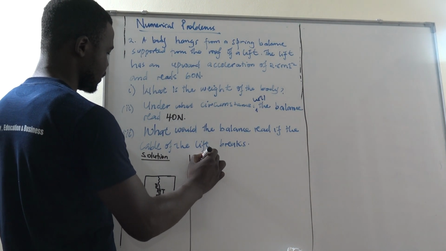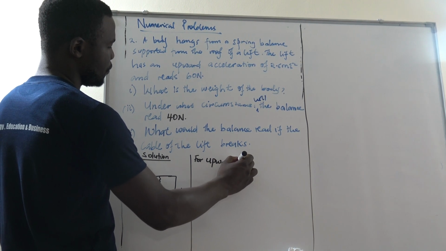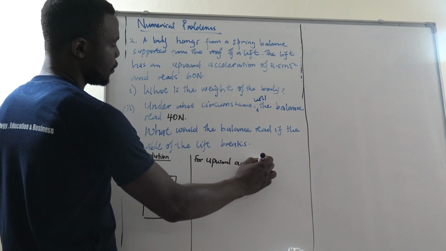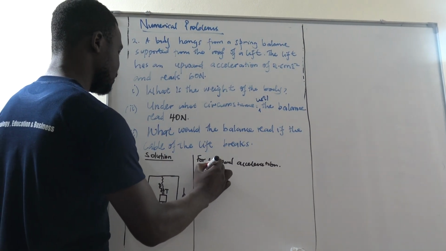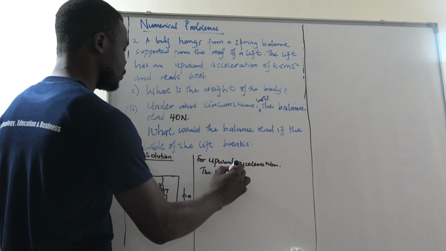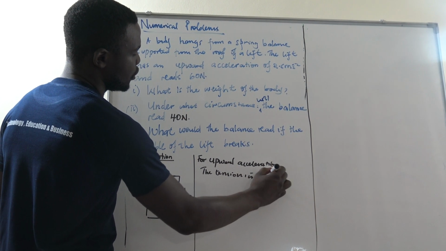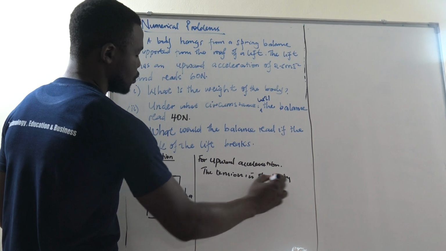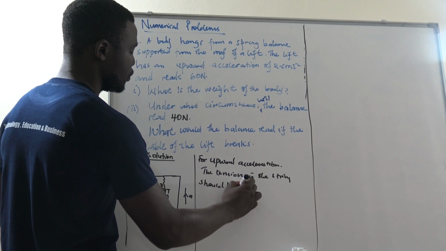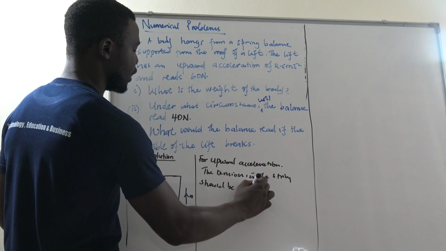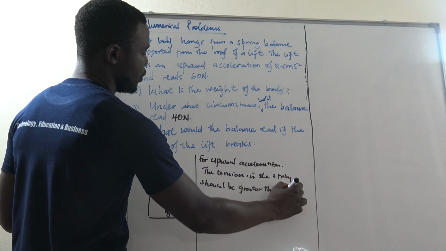So we can say that for upward acceleration, the tension in the string should be greater than the weight mg.